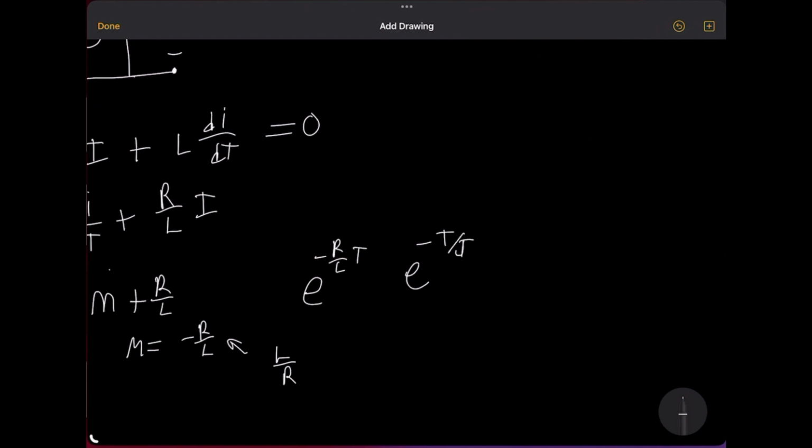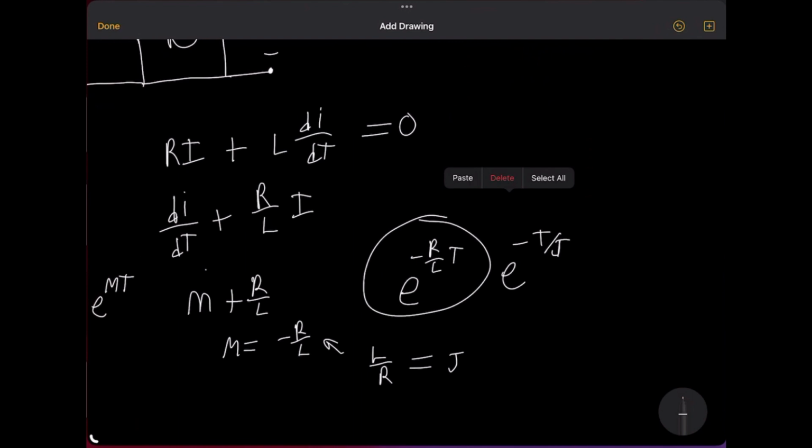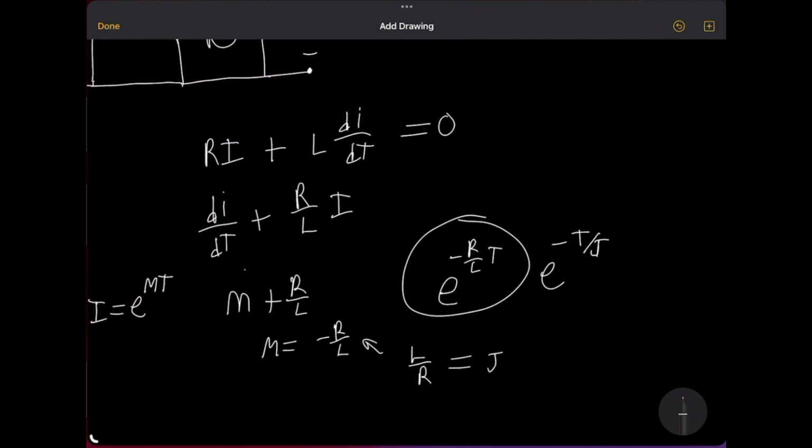Time constant, tau's being introduced, and they let this equal tau. And that's why it's divided, so you can get back to that R over L scenario. So that is going to be equal to our I as a function of time. Now, let's not forget what I had said earlier. You have C1 here, right?